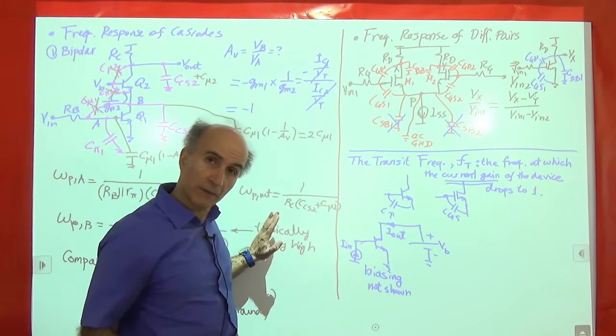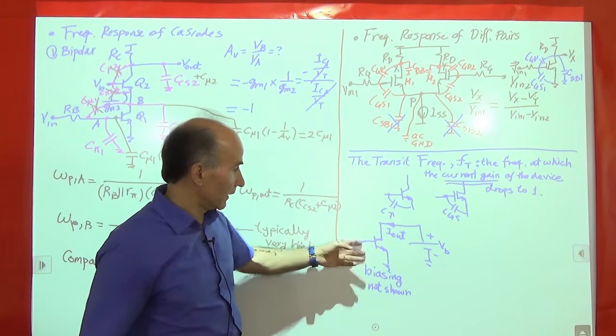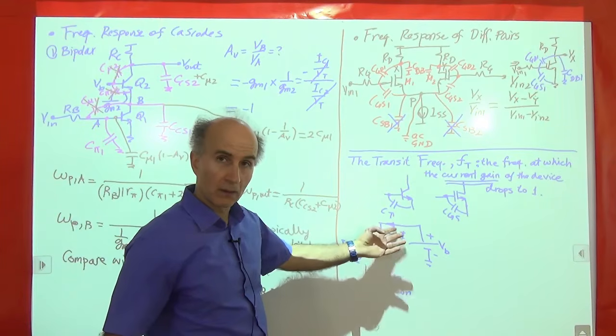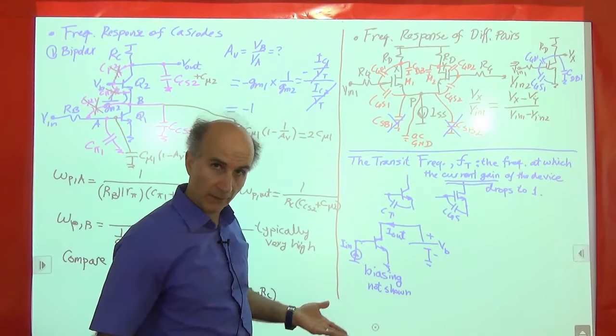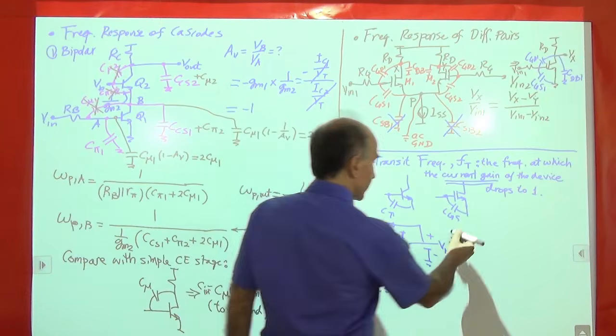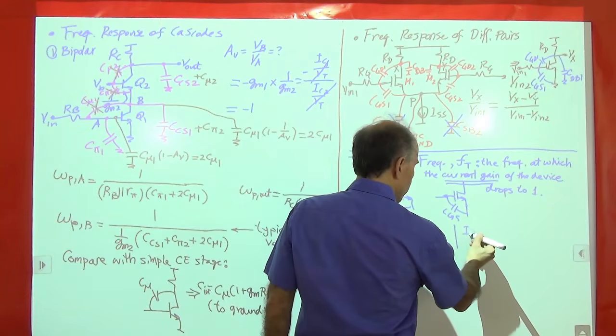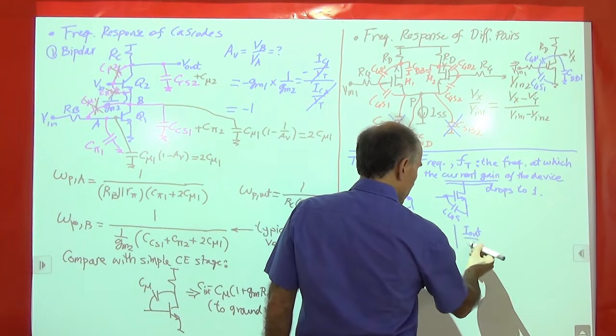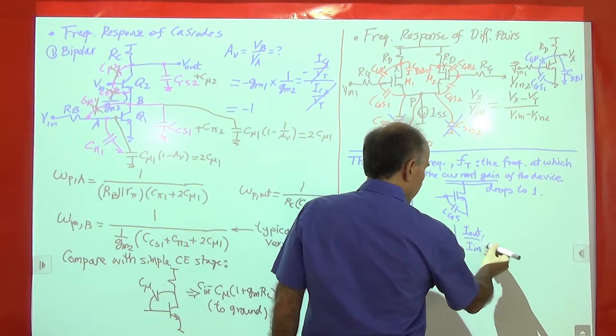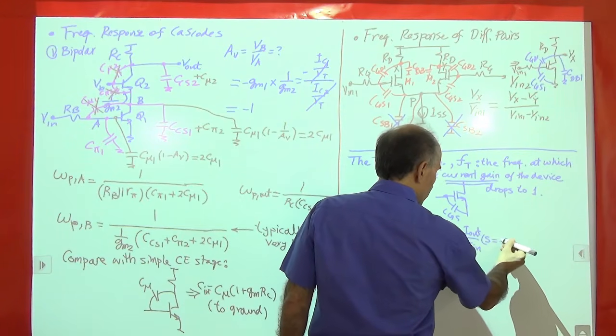So this is a transfer function: a sinusoidal input going here, a sinusoidal output appearing here. So I out over I in is a transfer function, evaluated when s is replaced with j omega.